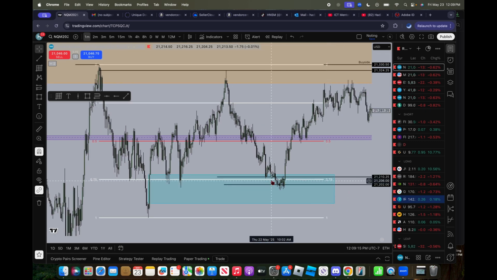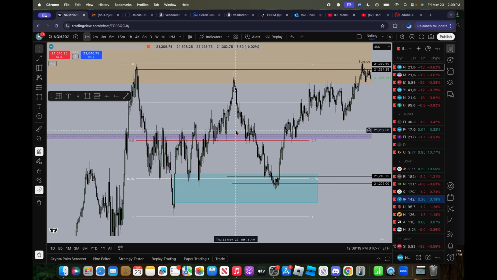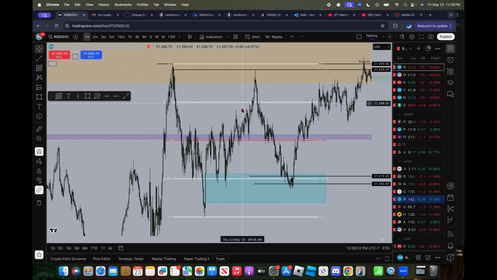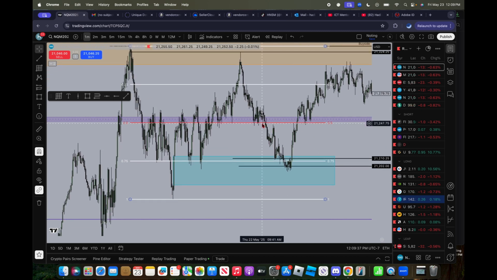So with the seek and destroy, the rules that I've taught, it's better not to trade, but the rules that I've taught is you want to look for a sell side sweep and a discount, and then a signature that we're going to go higher, or vice versa if you're trying to go short. And so this red line is the midpoint.